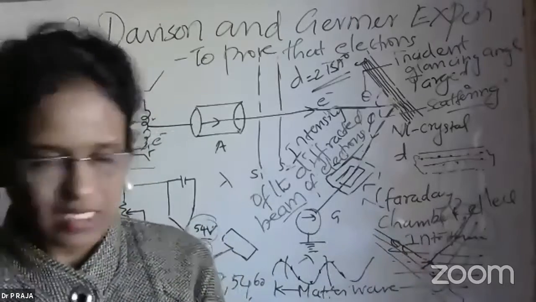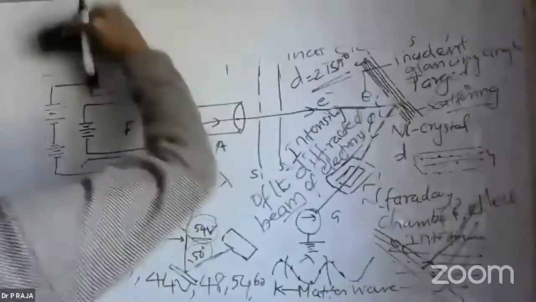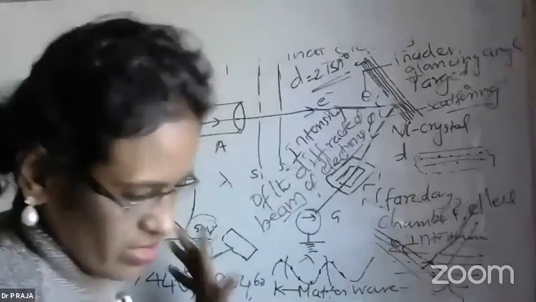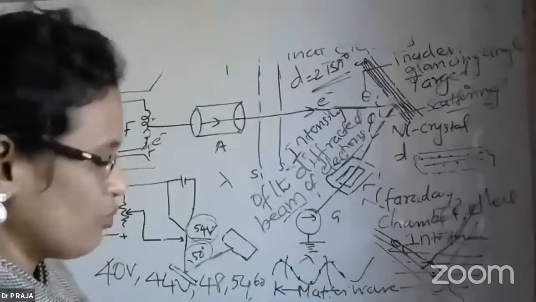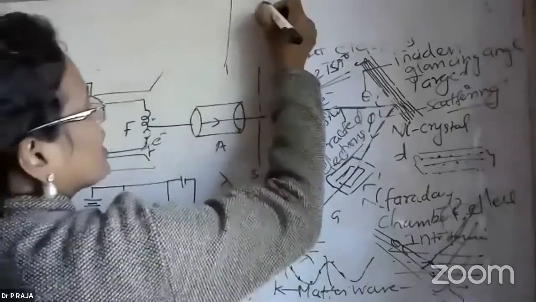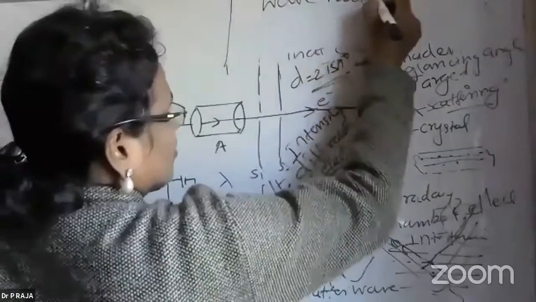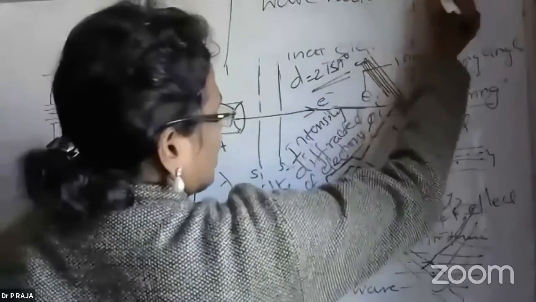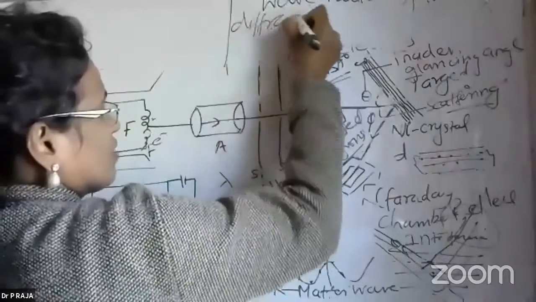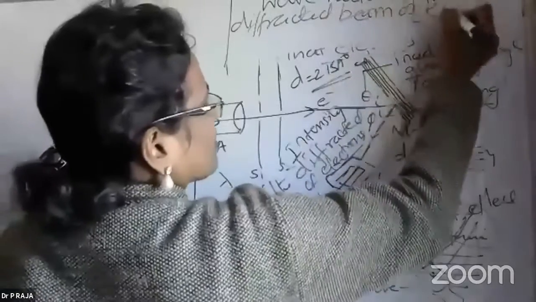So let us complete this part of the wave nature. What is the formula of the X-ray diffraction? n lambda. This is for the wave nature of the diffracted beam of electrons.